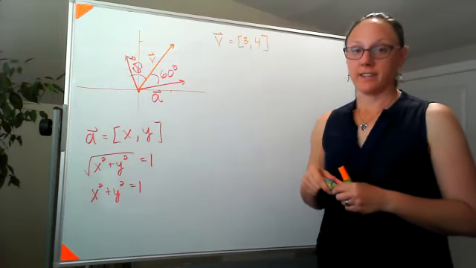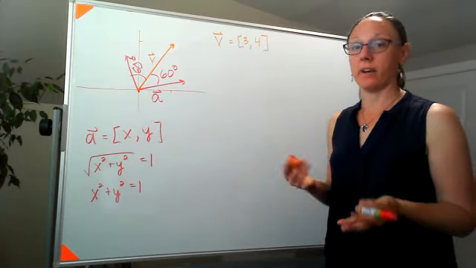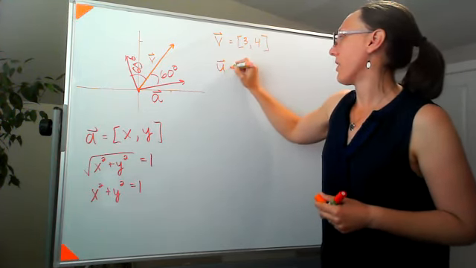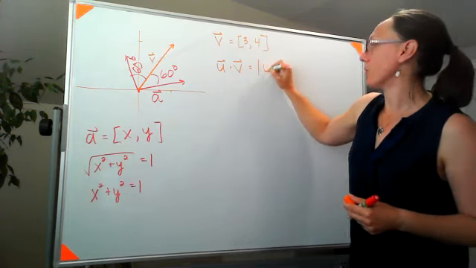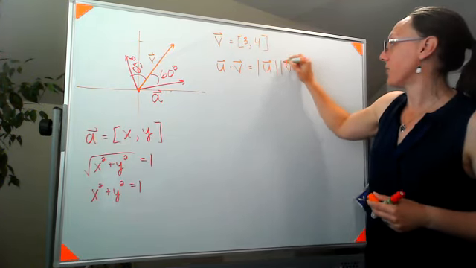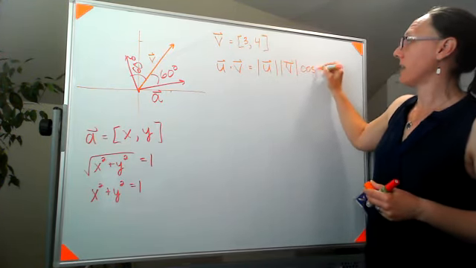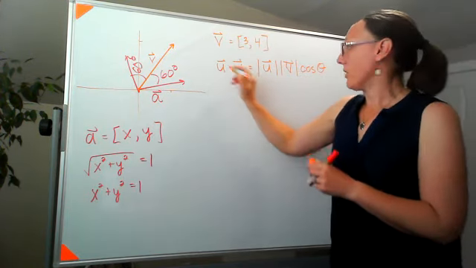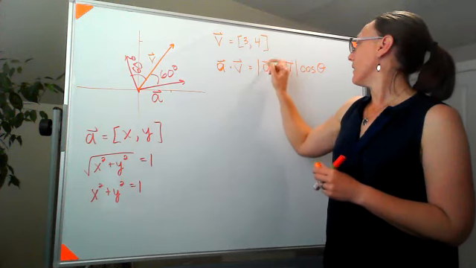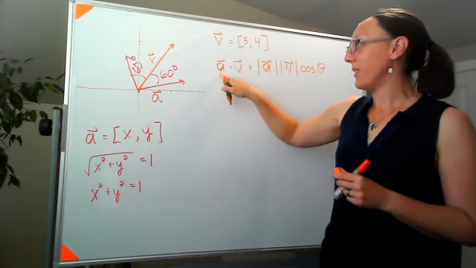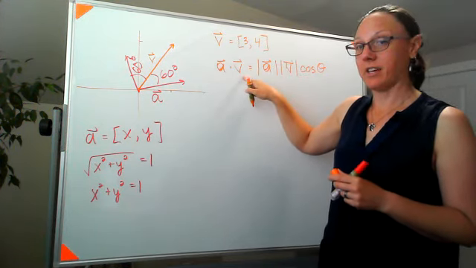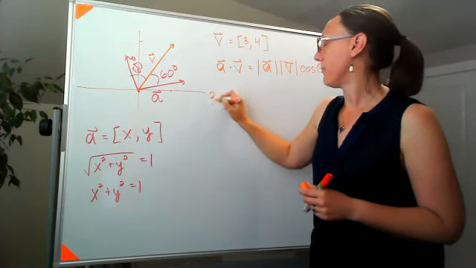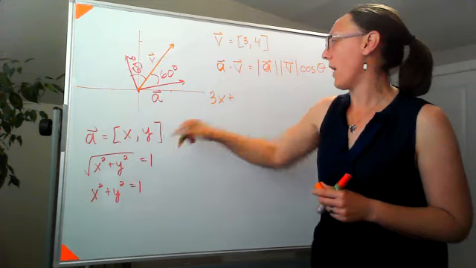Working with that angle of 60 degrees, we're going to use the dot product equation that looks like u dotted with v is equal to the magnitude of u times the magnitude of v times cosine of the angle between them. So in this case, I'll just turn my u's into a's. So a dotted with v is going to look like 3x plus 4y.